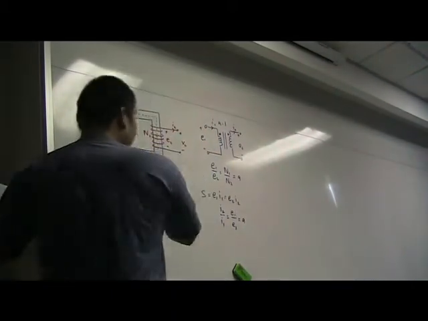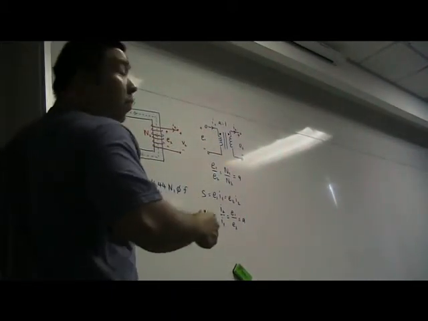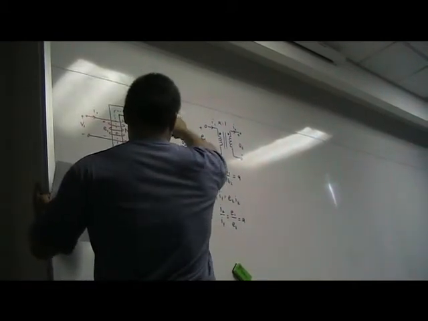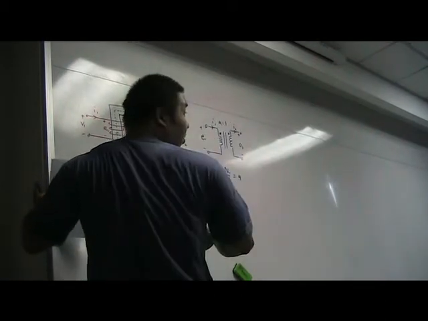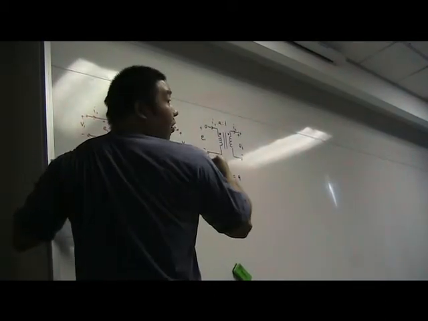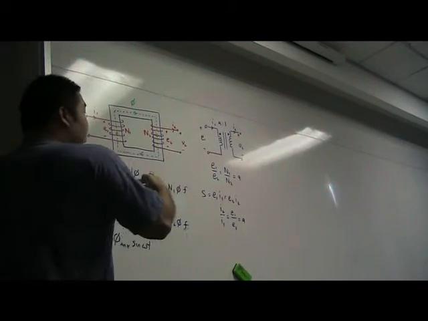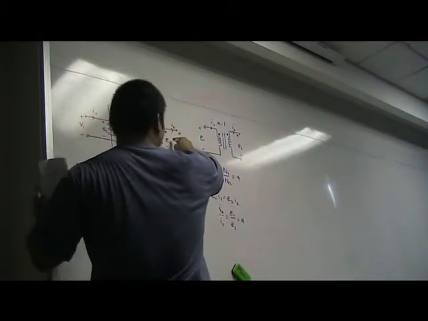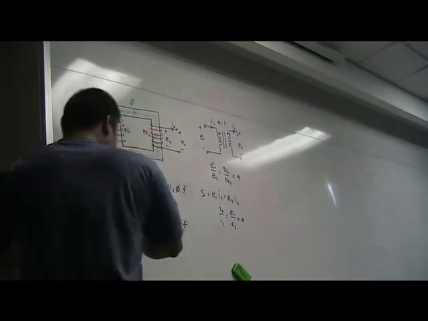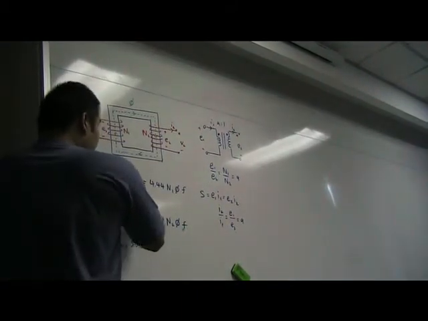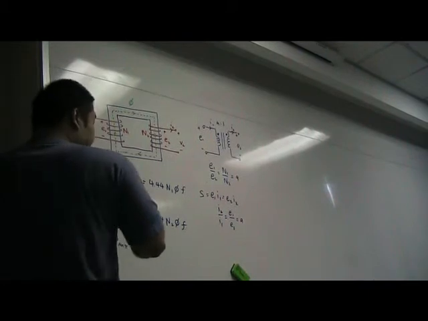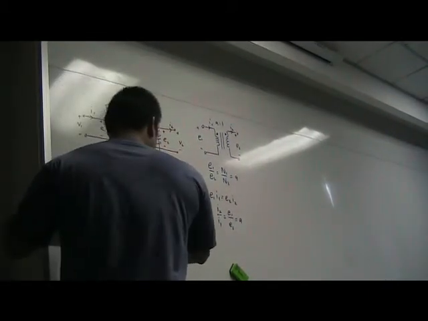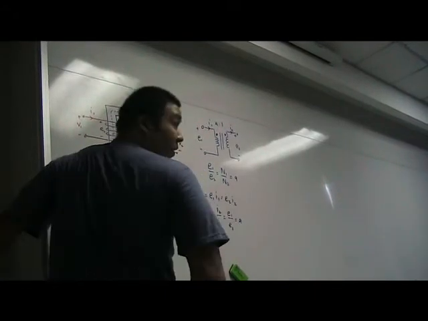This 4.44 is actually 2π divided by square root 2. Since the flux is AC, when it goes through the secondary side coil, the coil sees a time varying flux. So according to Faraday's law, there will be a voltage induced in the secondary side coil as well. The magnitude of the voltage is E2, and by Faraday's law it also equals N2 dφ/dt. By the same logic, since the flux is sinusoidal, E2 will be 4.44 times N2 times φ times f.